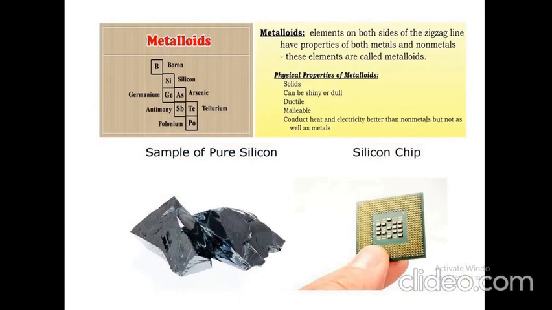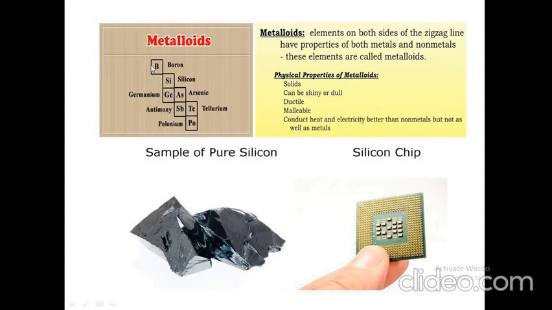And now the third category of elements, that is metalloids. Metalloids have the properties of both metals and non-metals. They may be solid, can be shiny or dull, ductile, malleable, and conduct heat and electricity better than non-metals, but not as well as metals.